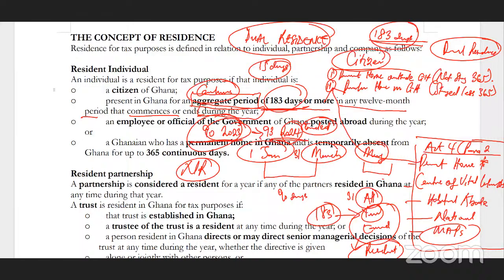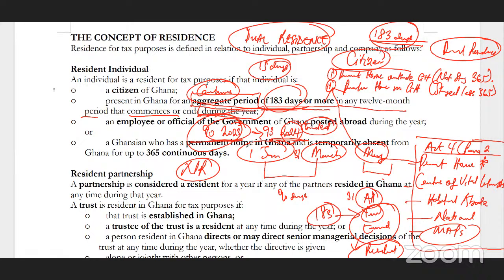Yes, sir. From the notes I can see, you said present in Ghana for an aggregate of 183 days or more in any 12-month period that commences or ends during the year. So are we not referring to a particular year? That is what I'm saying, a particular year.